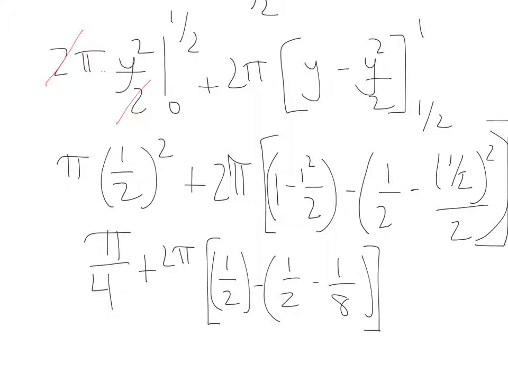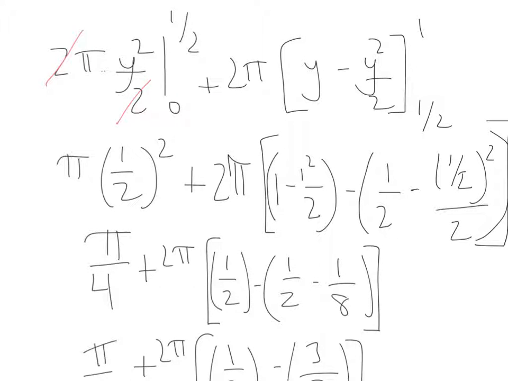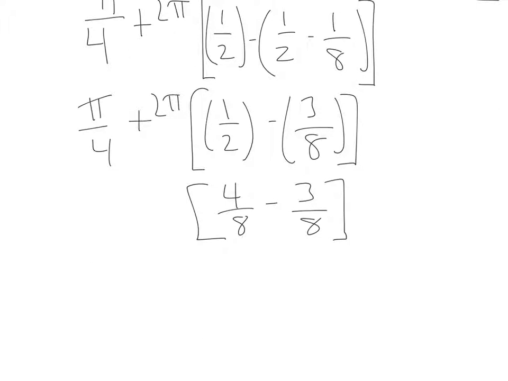And so we're going to have pi over 4 plus 2 pi times 1/2 minus, and this is 4/8 minus 1/8, which is 3/8. And that's going to be, again, working in the brackets here, 1/2 is 4/8 minus 3/8, which is 1/8.